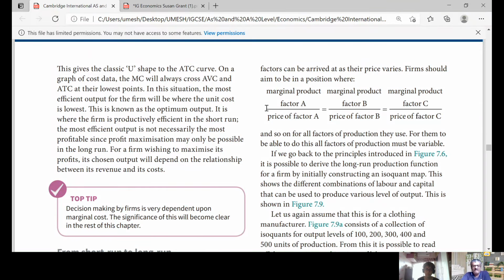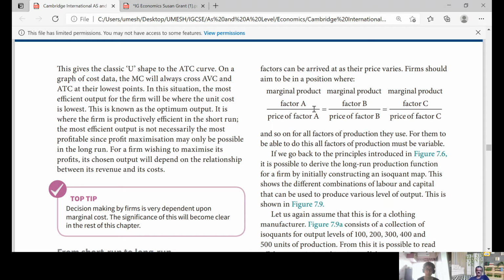So MP of A divided by price of A, where factor A means either land, so MP of land divided by the price of land, is equal to MP of B divided by the price of B. It should be equal to MP of labor or capital divided by the price of the capital. On the basis of that, the producer will try to come to a conclusion about what combination they should be using.